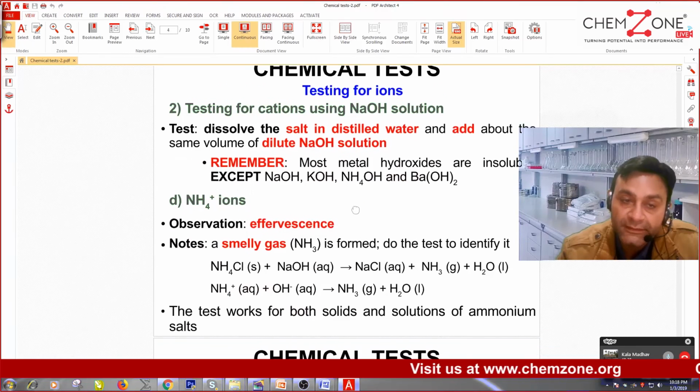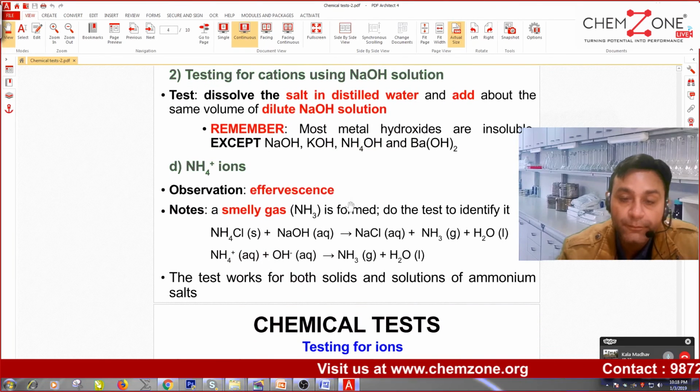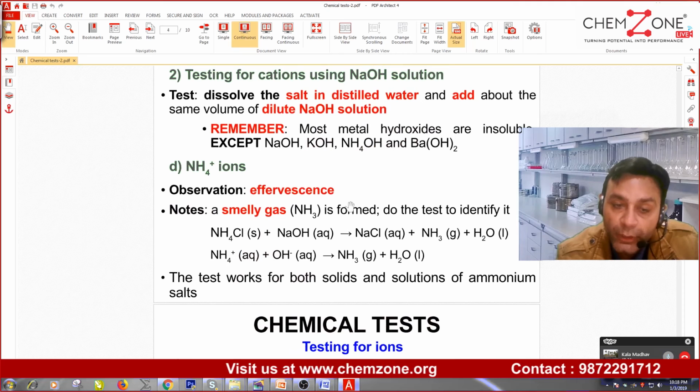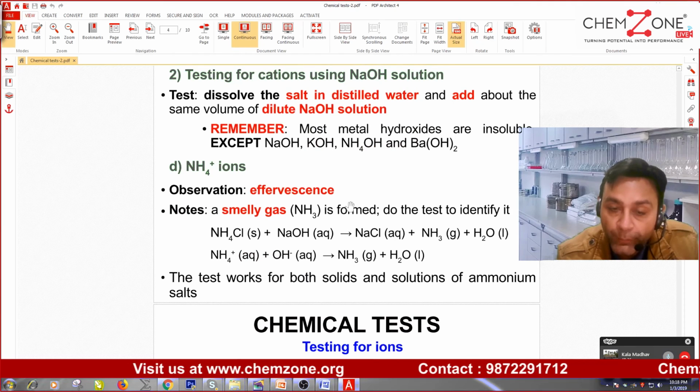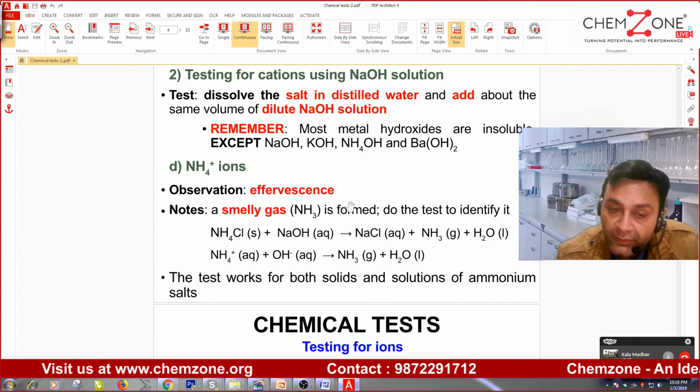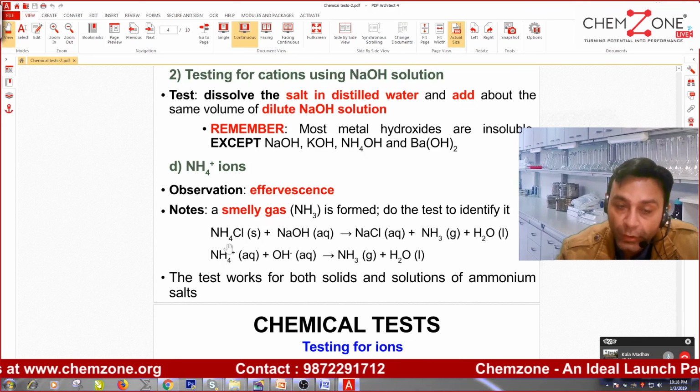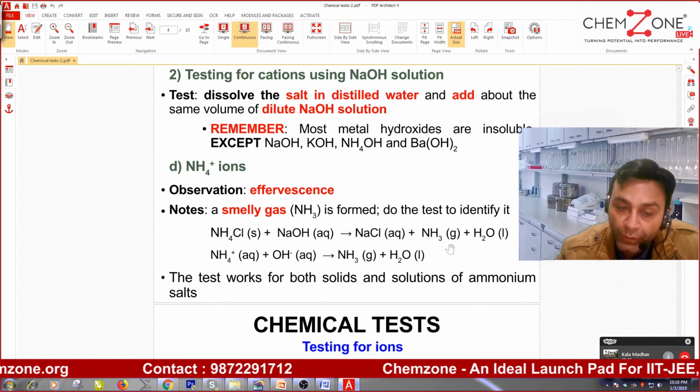Testing for the ammonium ion. With ammonium chloride as the salt and NaOH, we get ammonia gas coming out of it.